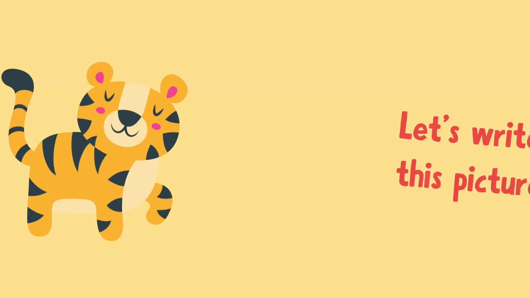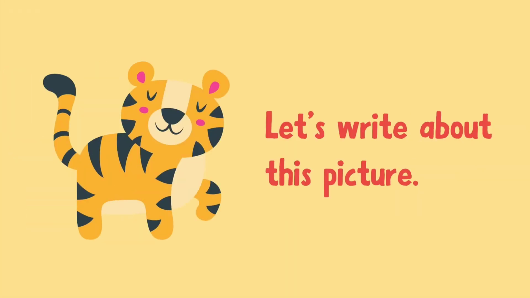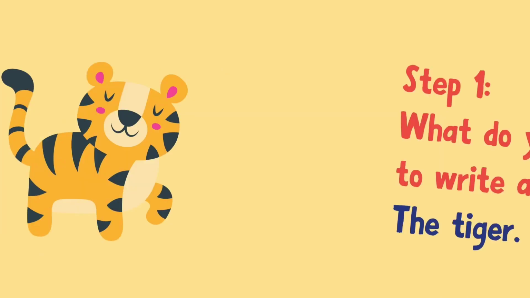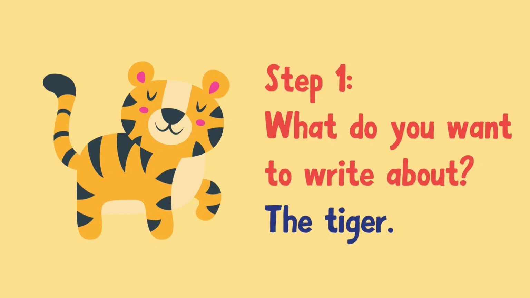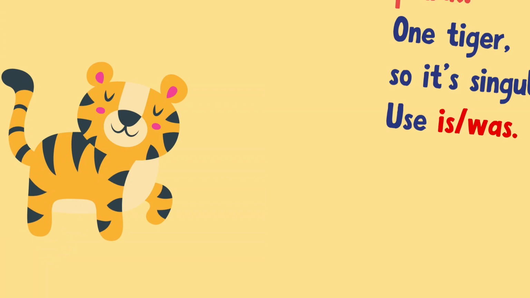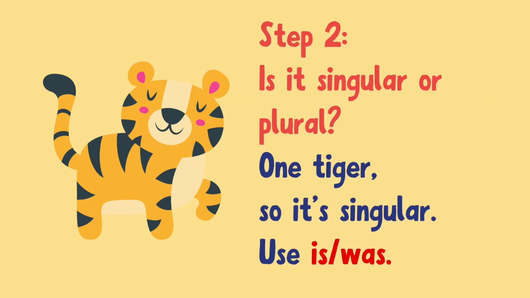Okay, let's write about this picture. Step 1. Ask yourself, what do you want to write about? You want to write about the tiger. Step 2. Ask yourself, is it singular or plural?